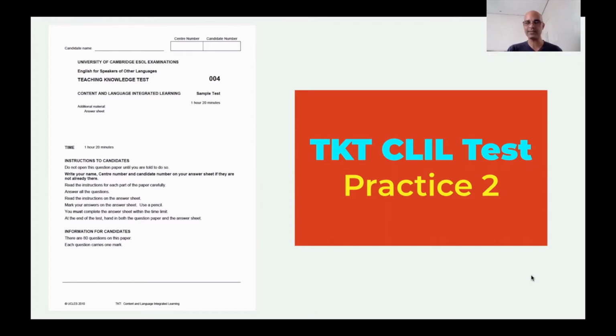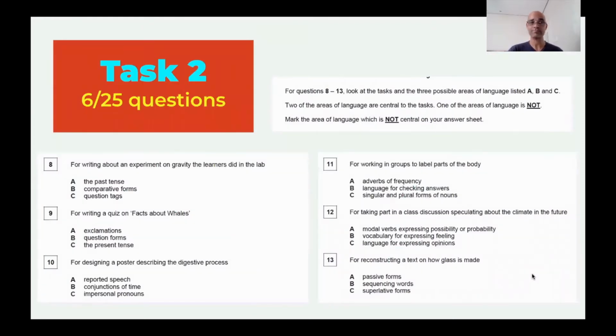So let's get started. As we mentioned, this is the second video of a series. So we're going to deal with task 2. When we talk about tasks here, we're talking about the organization of the test itself. So we know that the TKT CLIL test has different sections. Each of the sections has different tasks.